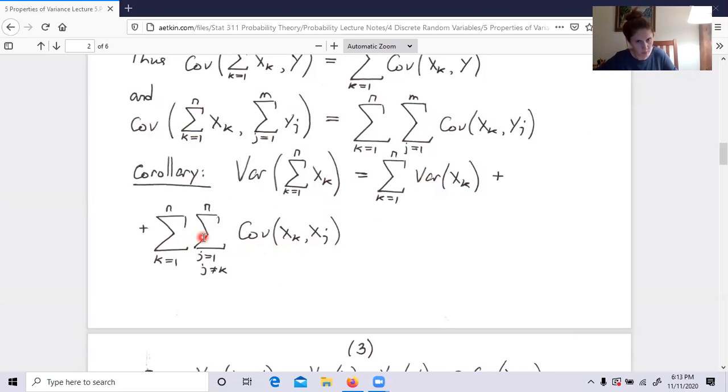Good. Actually, how many meetings will you have? How many terms are in this sum? Could you please tell me? So we know there are n terms in the first sum. We have variance of x1 plus variance of x2 plus variance of x3, and so on. How many terms will we have in the summation still involving covariance? No, not n squared.